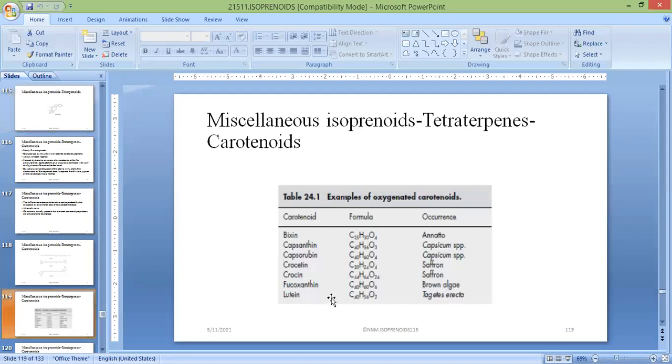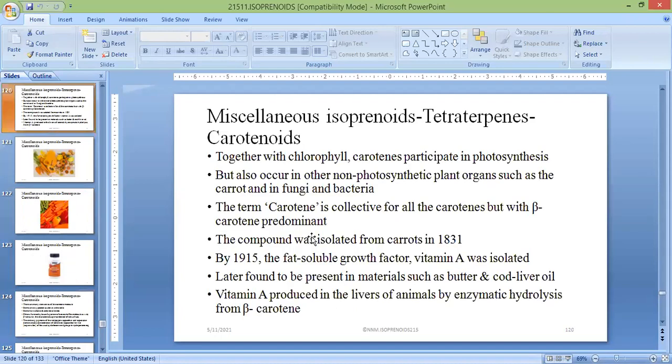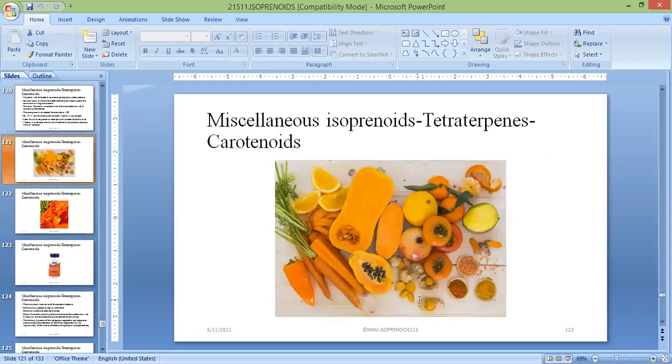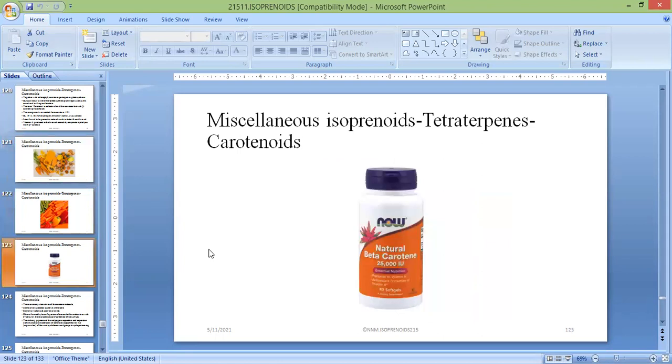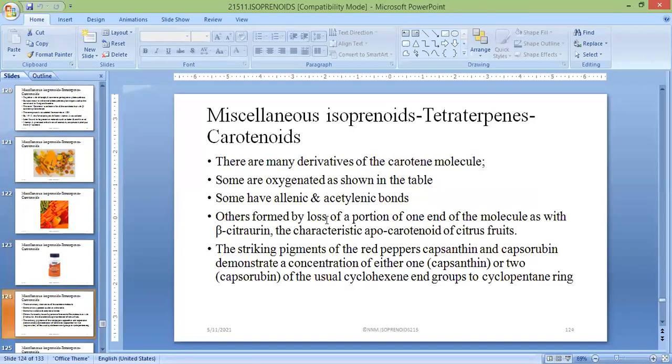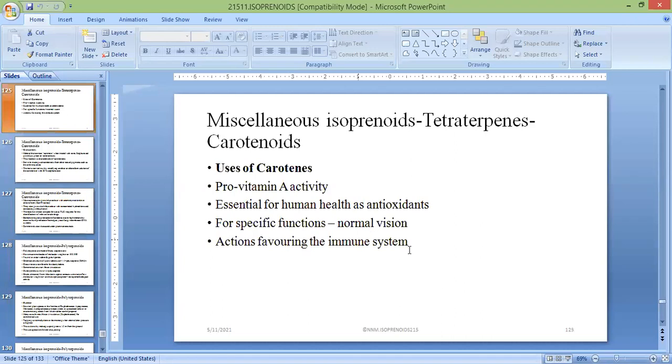Carotenoids also contribute the orange color that you see in plants containing them. The major uses of carotenoids are vision and as an antioxidant. Vitamin A also has some role in immunity, but it's majorly an antioxidant and for normal vision.